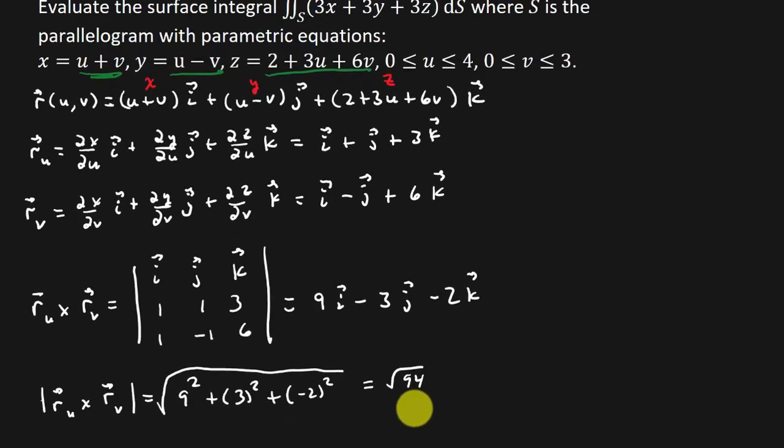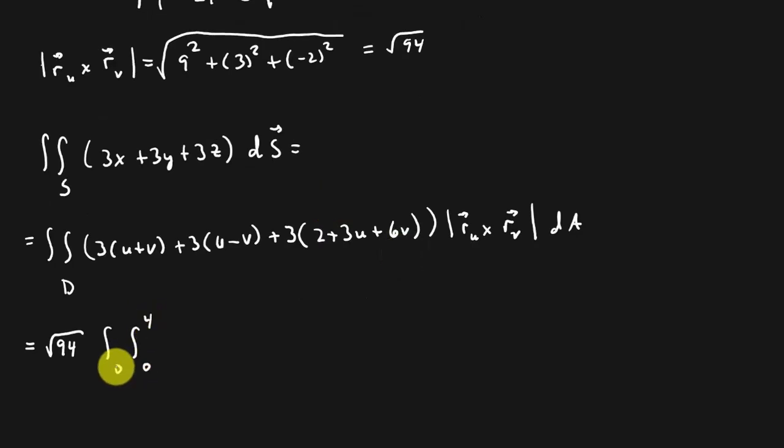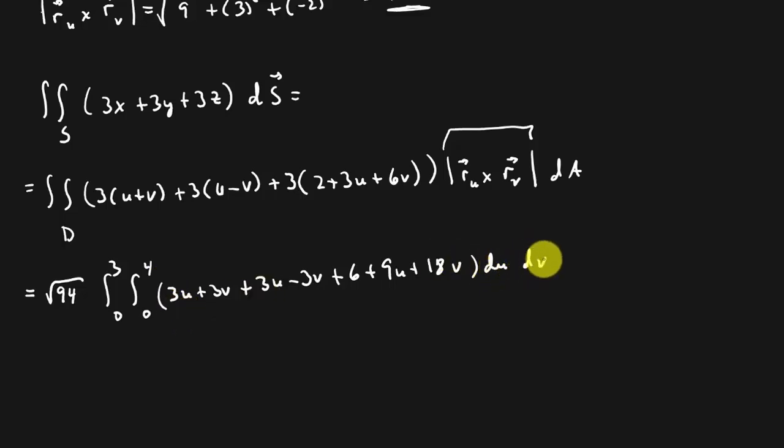It tells us that u is between 0 and 4 and v is between 0 and 3, so we're going to go 0 to 4, 0 to 3. We'll integrate with respect to u first. The square root of 94, remember, that's what this is, and I just pulled it outside the integral. And so we get 3u plus 3v plus 3u minus 3v plus 6 plus 9u plus 18v, du dv.